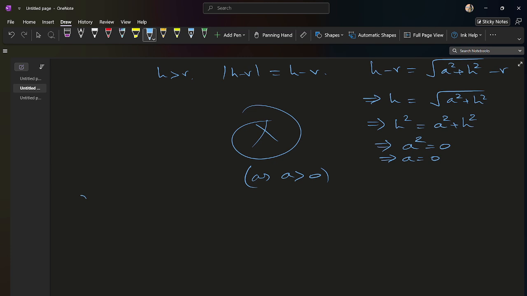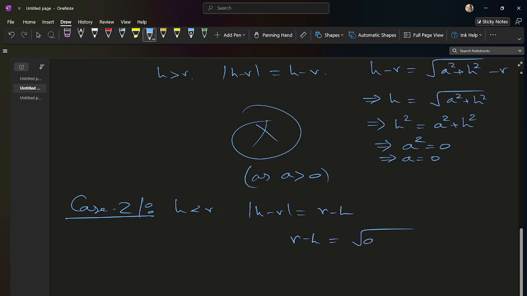Now case 2: h less than r. Then mod of h minus r is equal to r minus h. So r minus h is equal to root over a square plus h square, minus r. We can write it as 2r minus h is equal to root over a square plus h square.